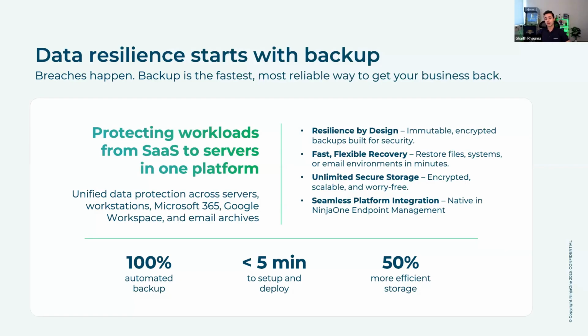By design, as you can see here, resilience by design in Ninja, our backups are immutable, encrypted, of course. Everything is built to ensure that backups are secure. Immutable means that once you back up the data, the backups are in the cloud, so they're immutable. We cannot tamper with that data. So we ensure the integrity of data. That's the most important goal of it.